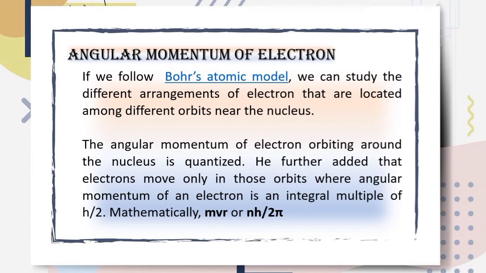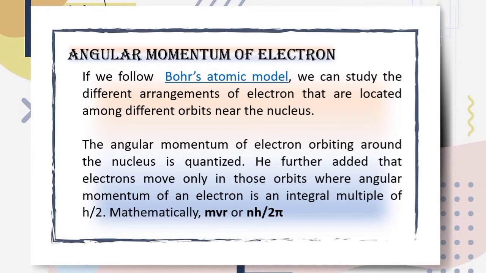Mathematically, the formula for angular momentum is mvr = nh/2π, where m stands for the mass of the electron, v for the velocity, r is the radius of the nth orbit, n is the orbit in which the electron is, and h is Planck's constant.